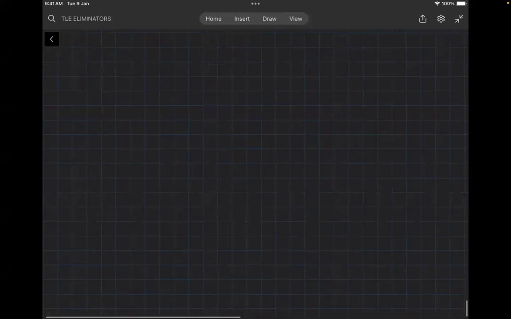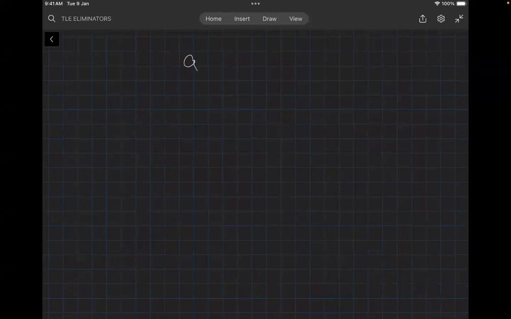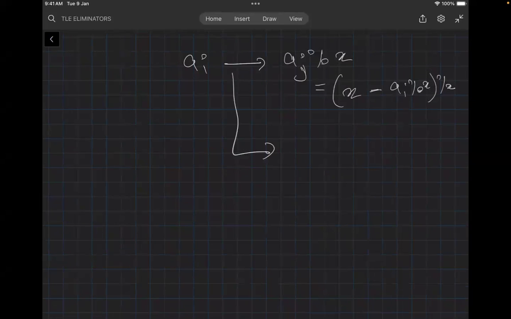So what did we come to know, guys? If I have AI, which AJ will satisfy these conditions? The ones such that AJ mod x is equal to x minus AI mod x, the whole mod x. And what is the other condition?